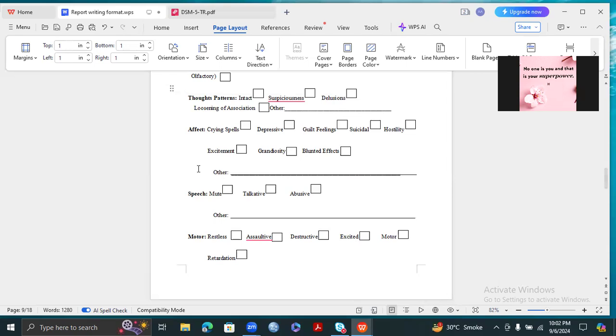Especially adolescents having oppositional defiant disorders or something like that. Either the patient's mood is excited, like an agitated mood sometimes, or a grandiose expression of mood, especially in case of bipolar disorders. So you have to record that.